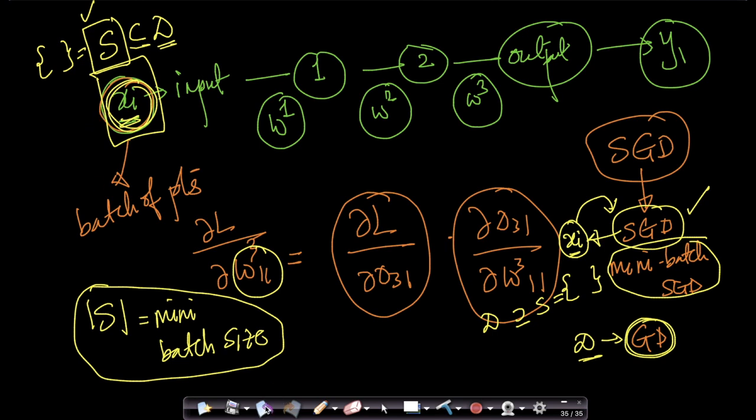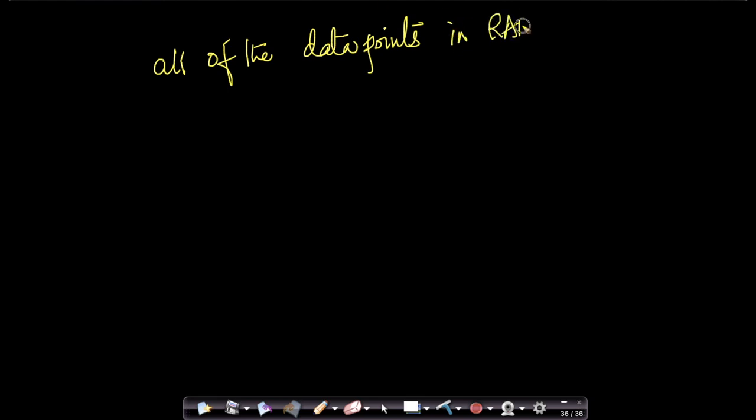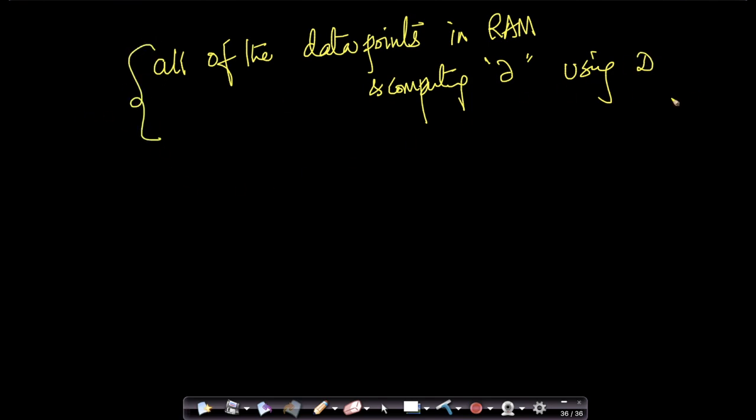The big problem here, remember, is keeping all of the data points in memory, in your RAM, and computing all your derivatives. Computing derivatives using the whole data can be extremely time consuming.